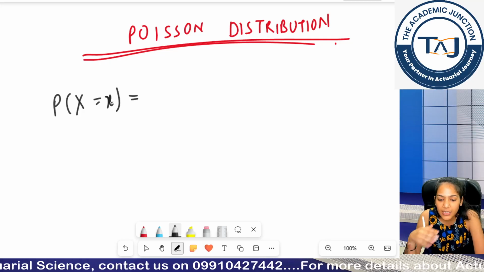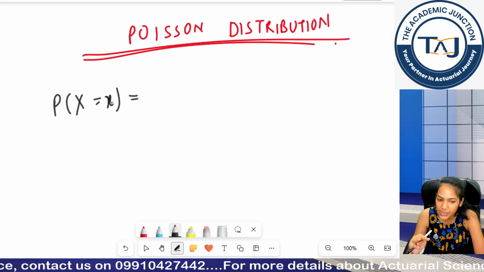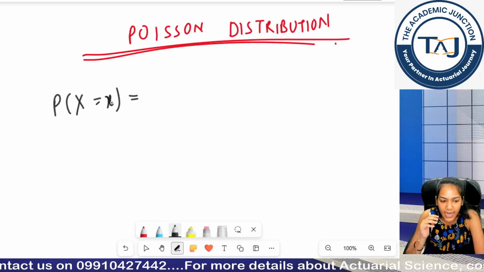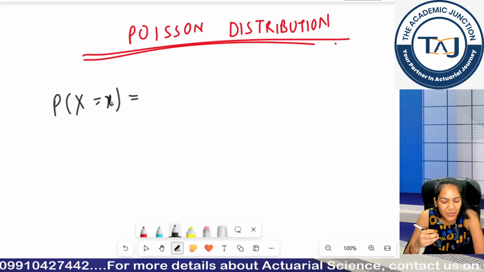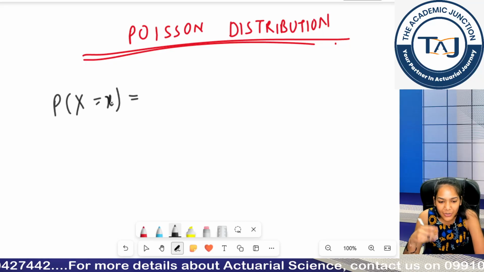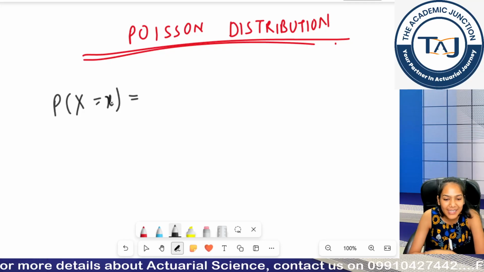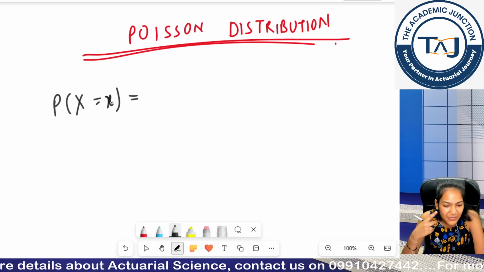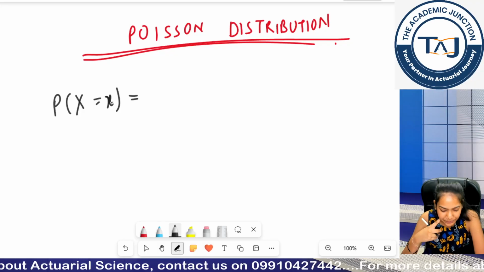I won't say this for all distributions, but there are 2 to 4 distributions whose probability function and mean and variance you should learn wholeheartedly, similar to the tables you used to learn in previous classes. You used to wake up and revise those tables 3 to 4 times. Now you have to revise these distribution functions and mean and variance 4 to 5 times so that you can learn them.